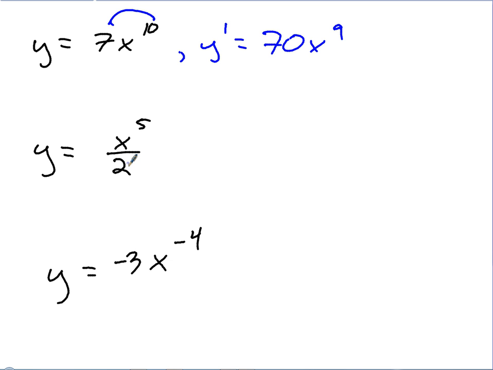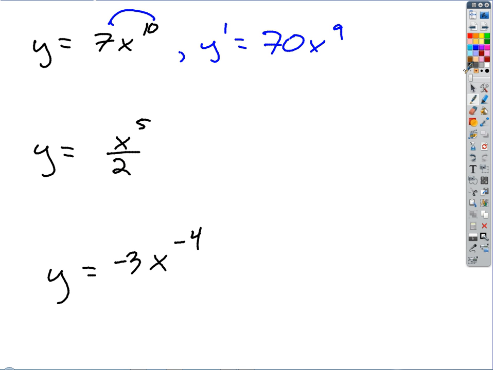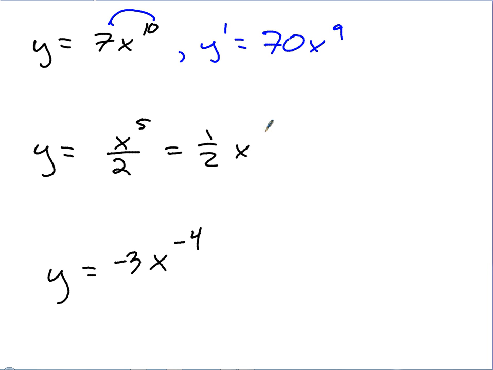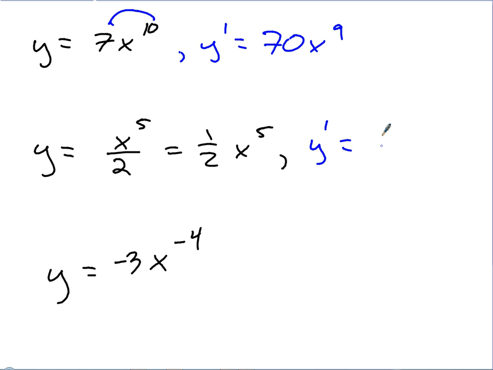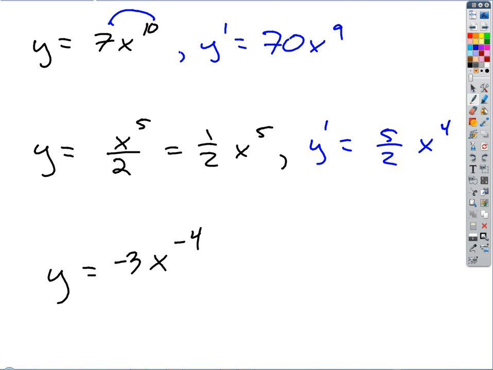Dividing by 2 is the same as multiplying by 1/2, right? So that's the very same thing. We can at least think about it this way as 1/2 x to the 5th. So then y prime, if I multiply the 5 times the 1/2, there's my 5/2. X to the 4th.